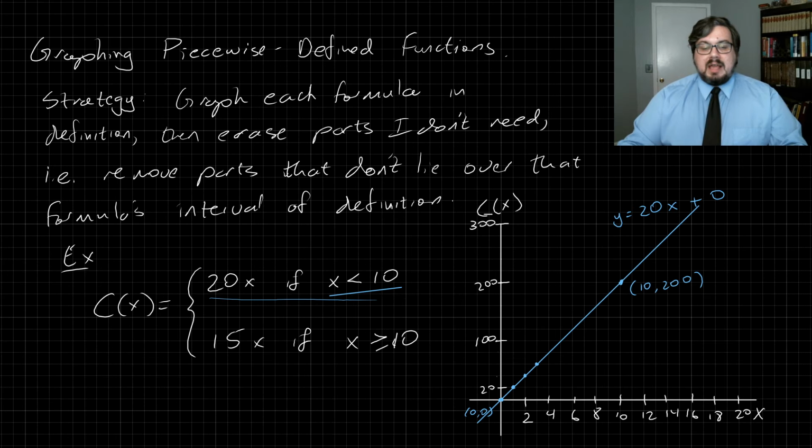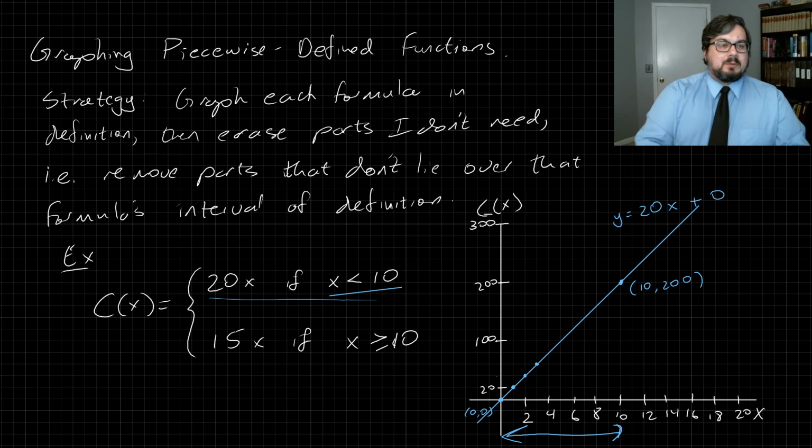And so now we know that the blue line that we've got is only supposed to apply for x values less than 10. So this is only going to apply when we are looking at points to the left of 10 on the x-axis.